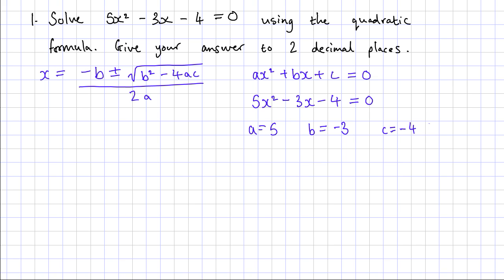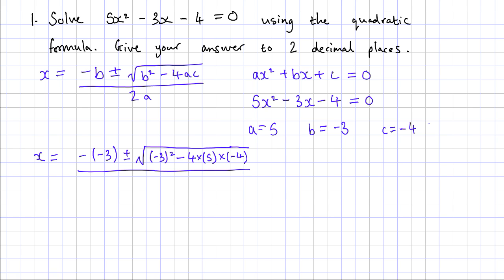So I have x is equal to minus, okay, b is minus 3, so I need to put that in brackets, plus minus square root of b squared, so b is minus 3, so minus 3 squared, minus 4 times a is 5, so I'll put that in brackets, and times c is minus 4, so I need to put that in brackets as well, and all over 2a, so 2 times 5, in a bracket.